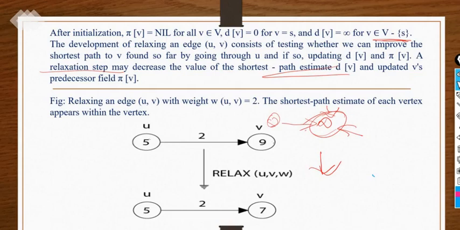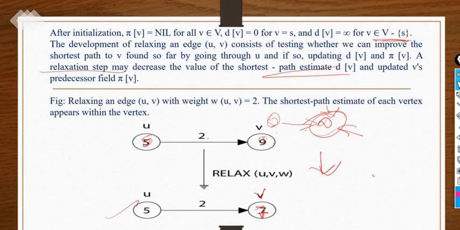Like if we are going from u to v, where u is any vertex and v is any vertex. u has a shortest path estimation of 5, and v from the source has 9. So with the edge weight of 2, it's possible to traverse to v with a shortest path estimation of 7. So it's possible here, and we will consider this path.